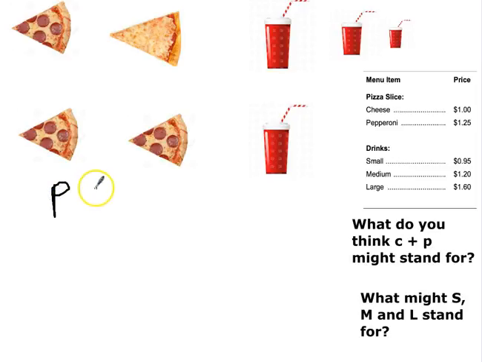You have P plus P plus, and this is the large soda here, so I'm going to put L. So I'm letting P stand for this pepperoni slice, this stands for this pepperoni slice, and this stands for the large drink. Okay?